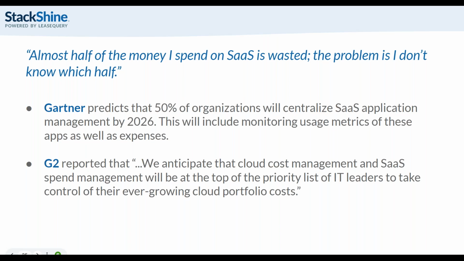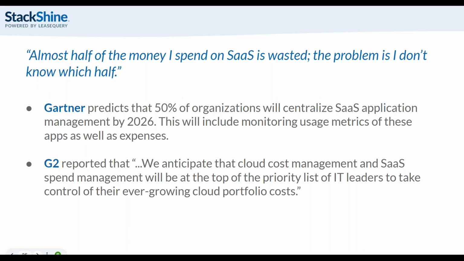And so we can look at this quote here from Gartner, where they're predicting that by 2026, 50% of organizations will have moved to centralized SaaS application management because of all those challenges we've listed. And this isn't just tracking expenses or reporting on those expenses. This is going to look at things like monitoring usage and provisioning and deprovisioning for all of these users as well.